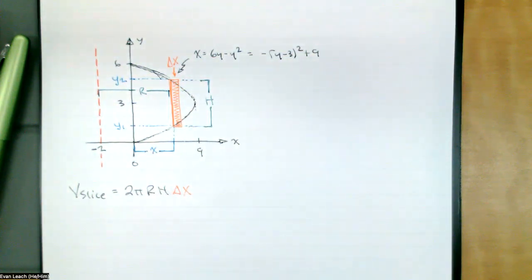Now we have finished with the diagram part. We drew our region and our axis. We chose our slicing strategy. We drew our slice. We labeled intersections of the slice and any functions with x and y, and we wrote down the volume of the slice.